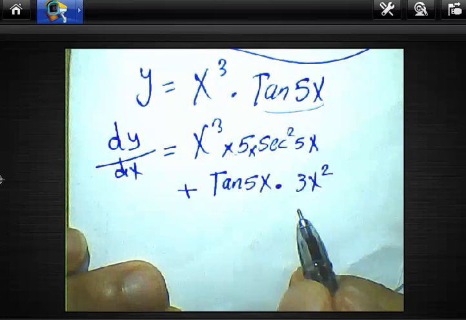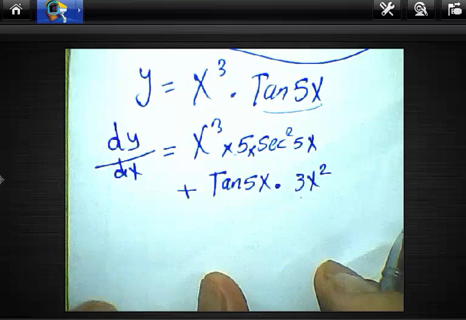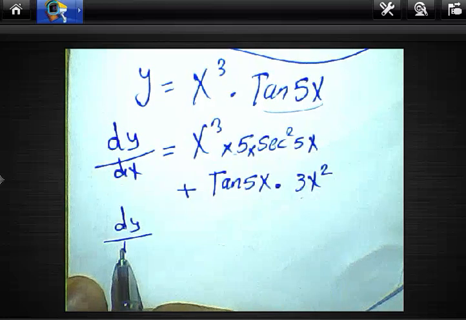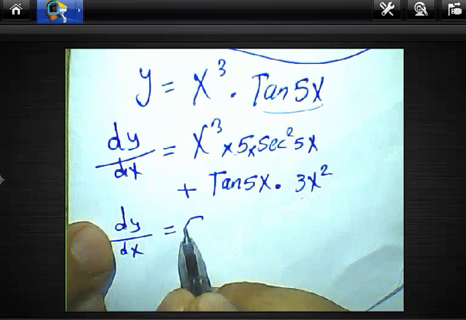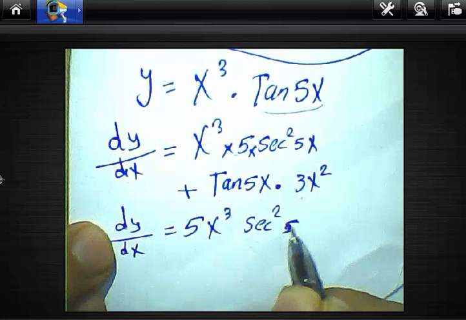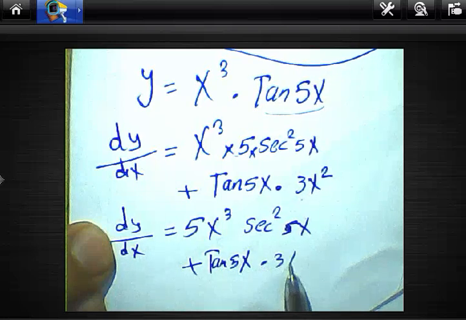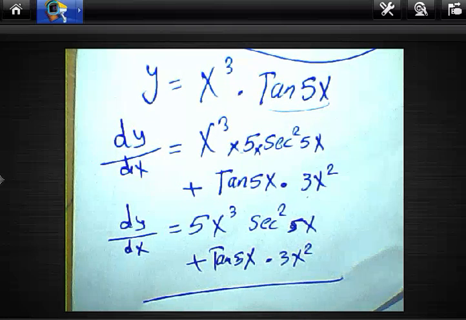We must drop the power outside here and subtract 1 from this power, so the result will be 3x power 2. Then we can simplify it. Dy over dx, we write 5 outside here, x power 3 sec power 2 5x plus tan 5x multiplied by 3x power 2. Okay, it's the derivative of this function.